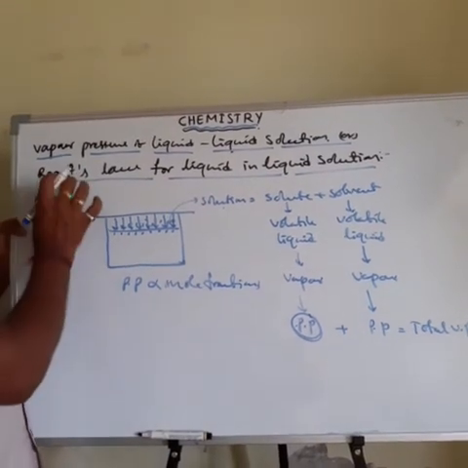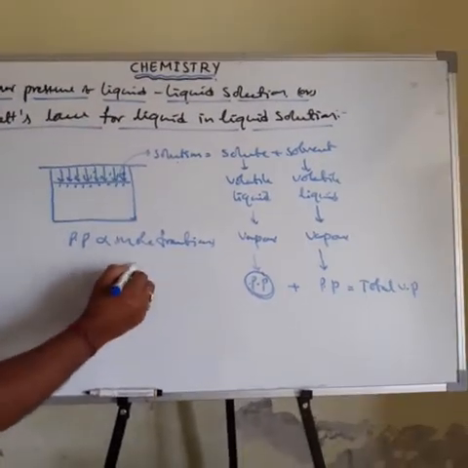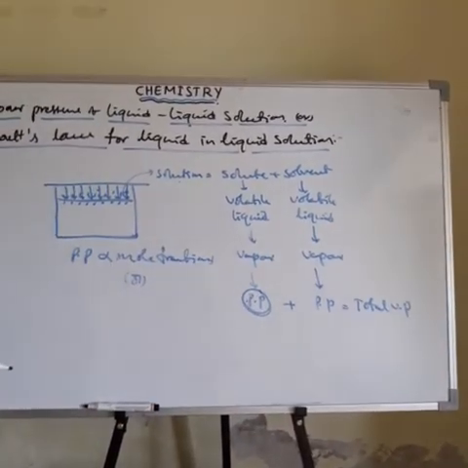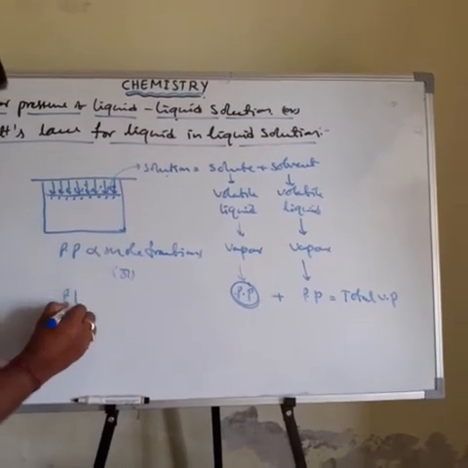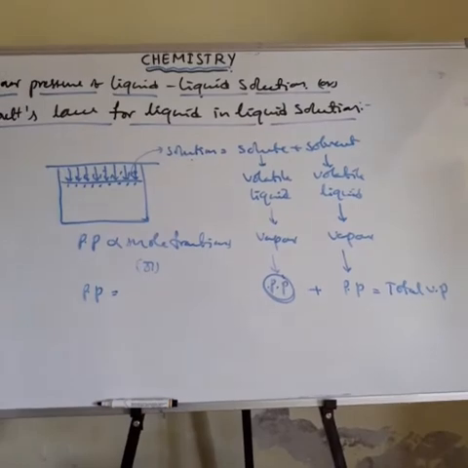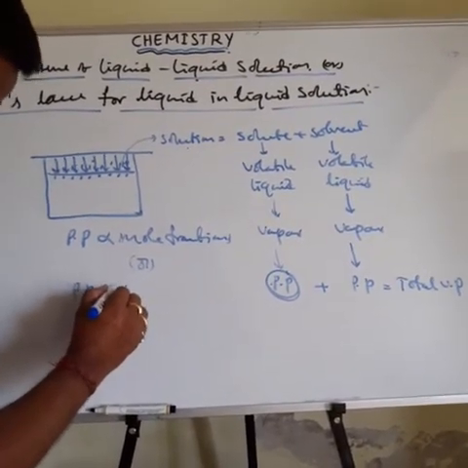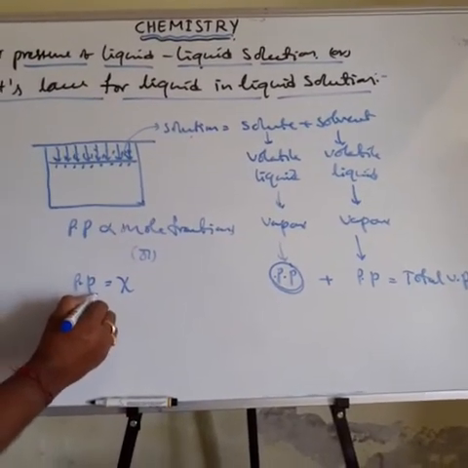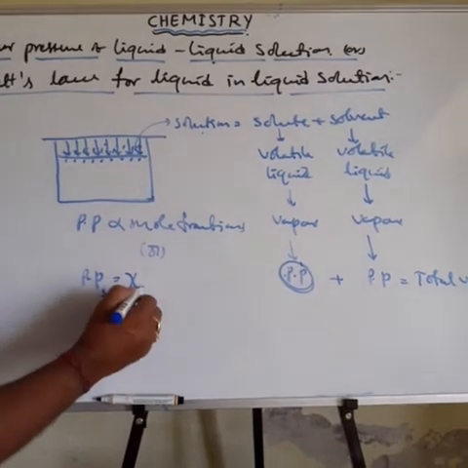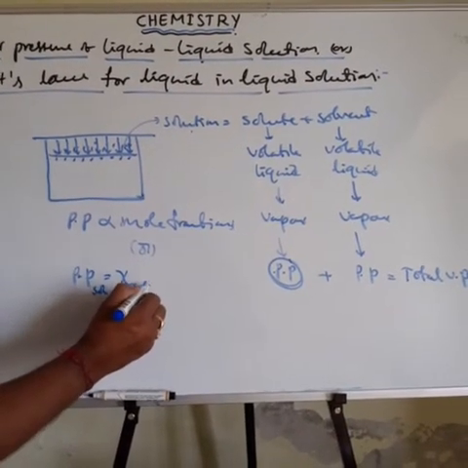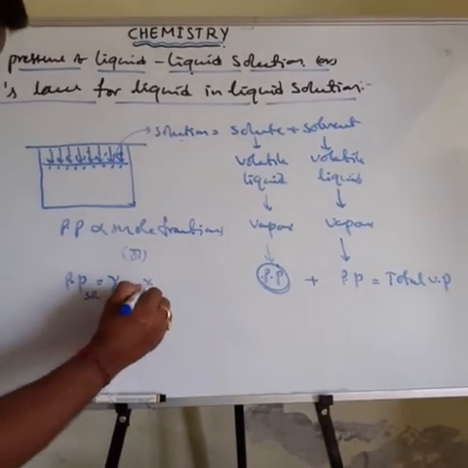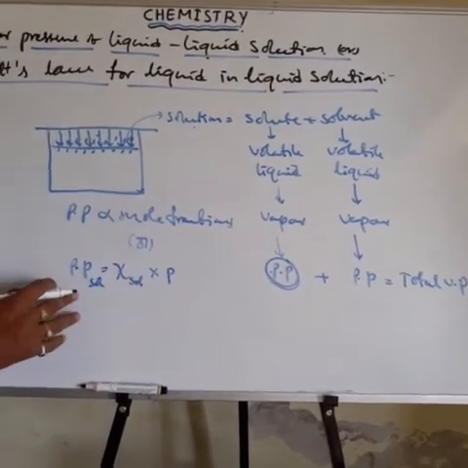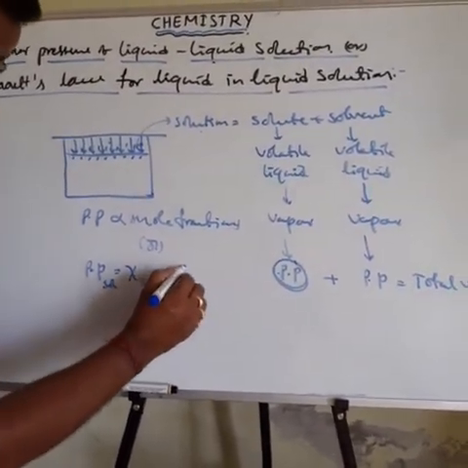That is one definition. Another definition: the partial pressure of each component is equal to the mole fraction of that component in the solution multiplied by the vapor pressure of the pure component.